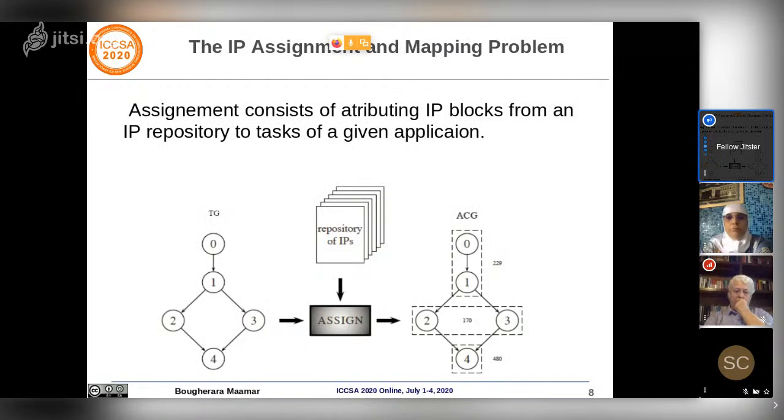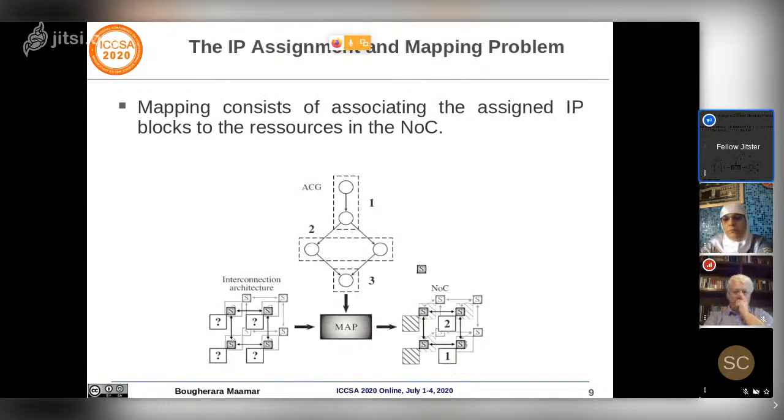The first step of the problem, IP assignment, is to associate the tasks of the application to IP blocks from the IP repository. The second step is IP mapping. The result of IP assignment is used to map the IP blocks into the network on chip.